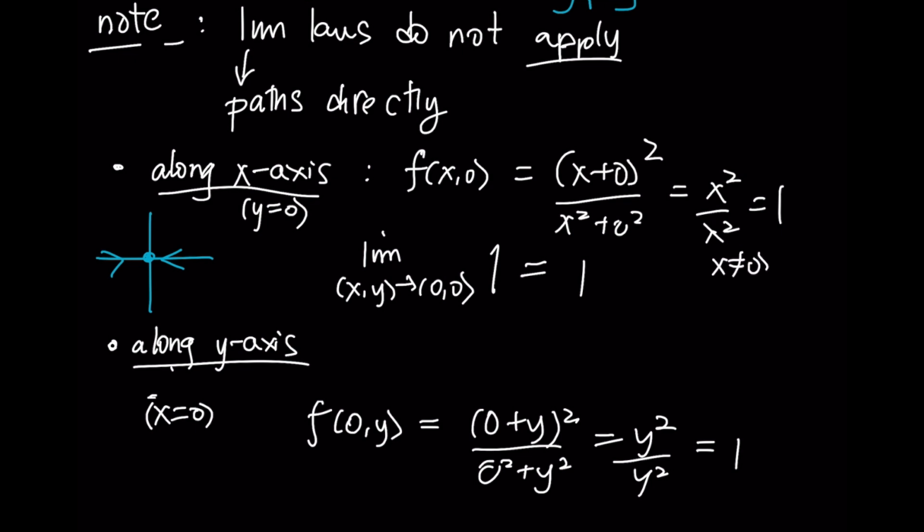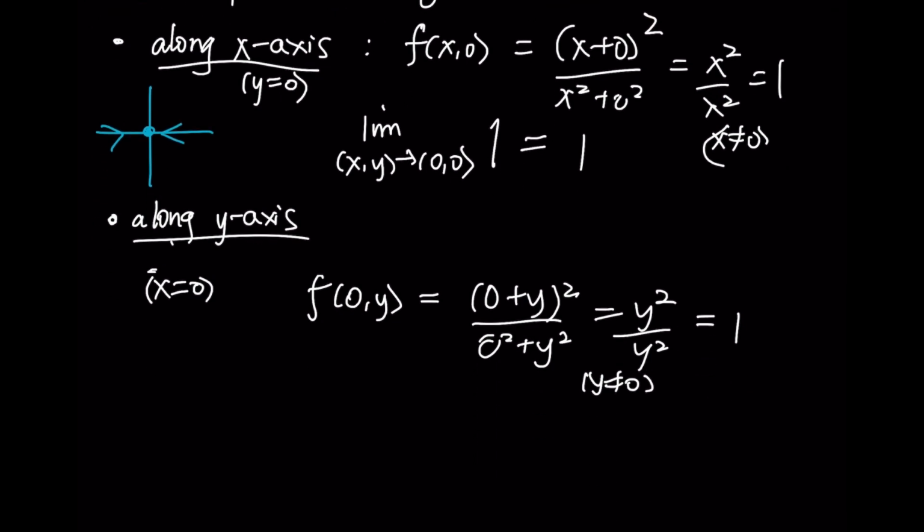Remember that x can't be 0 and y can't be 0 because that isn't in the domain of the function. So that means if I ever wanted to take the limit as I approached along the y-axis, guess what? The limit exists and the limit is equal to 1. Hey, does that mean that the limit exists? Nope. The limits are the same for two specific paths. Two specific paths doesn't cover all the possible paths.